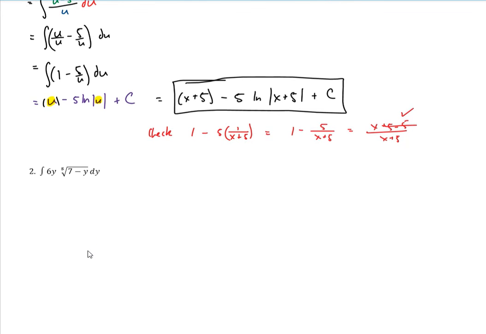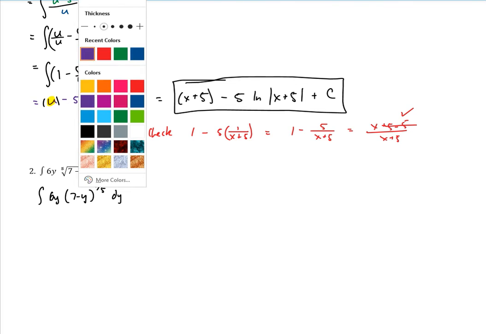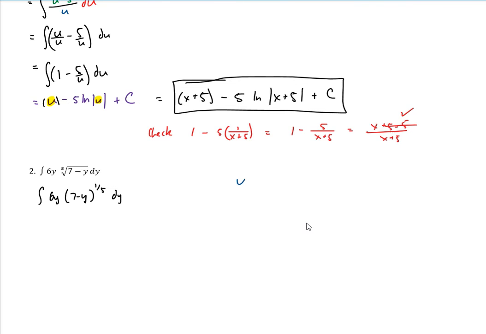So this is a product this time. Before I jump into it, like most calculus problems, we don't like seeing radicals. So I'm going to rewrite that as 7 minus y to the 1/5 power, and then dy attached. And then what we're going to do is use our u. Our u is most likely the expression that's raised to that power.